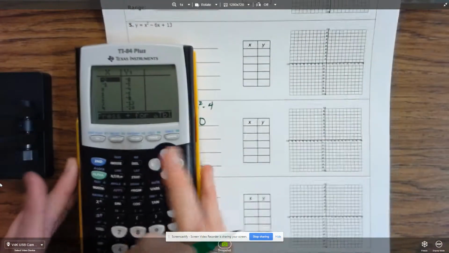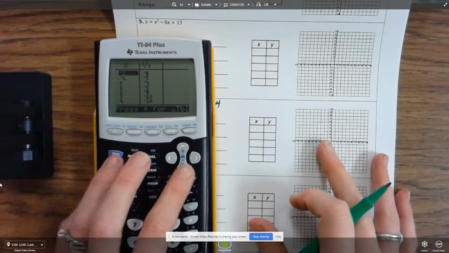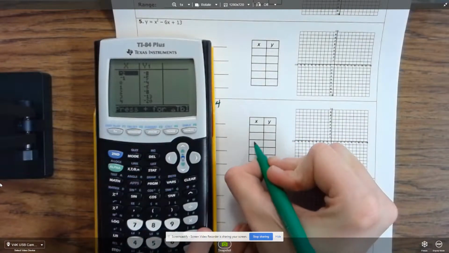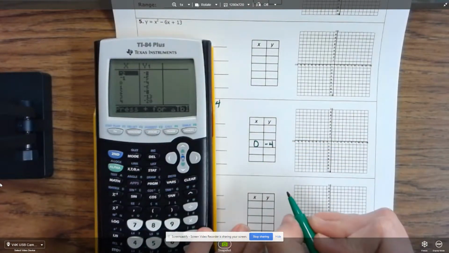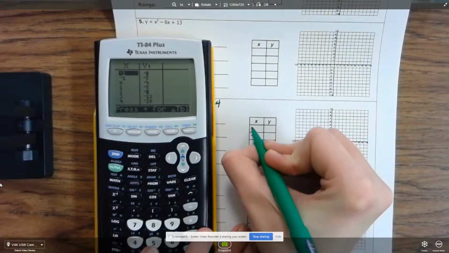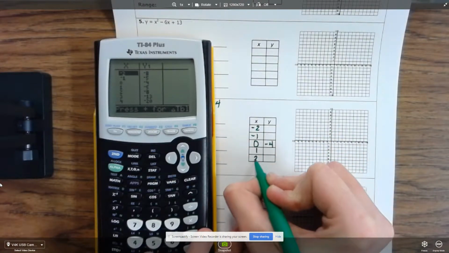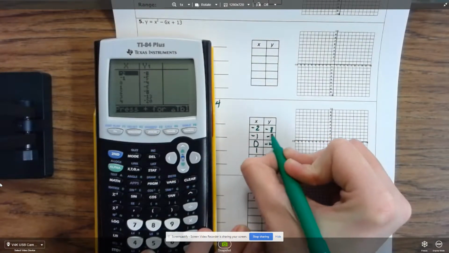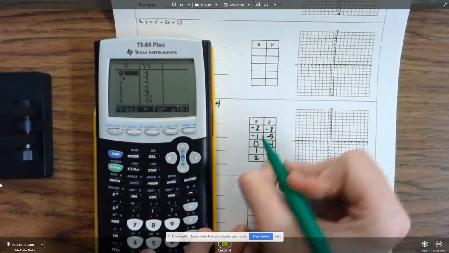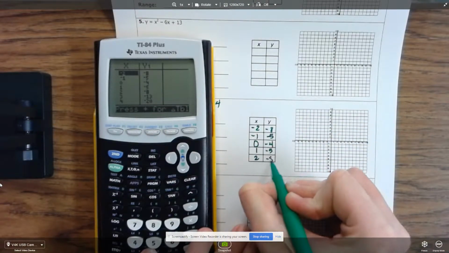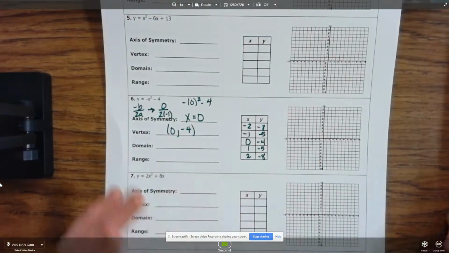If you stick it in your calculator, you've got this table of points that you can use. Always in the middle of the table, I put my vertex, and that gives me an even spread of numbers. I just fill in values straight from my table here, and once I have that, I can graph.